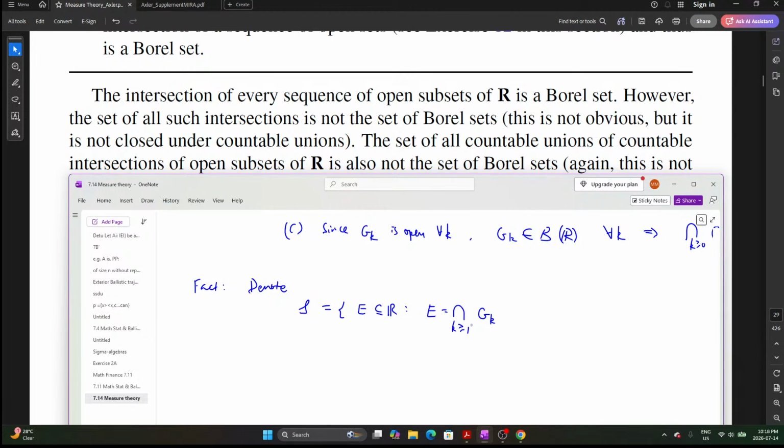So E equals the intersection of G_k for some sequence G_k of open sets.